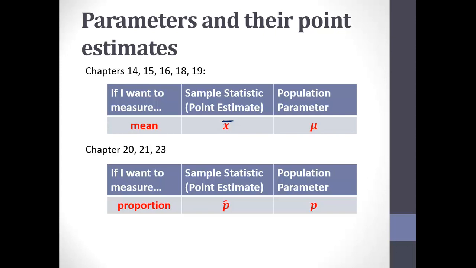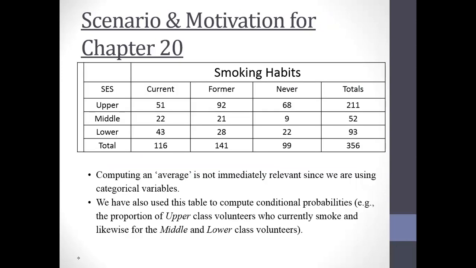As a motivation here, thinking about why this is useful, why we care about doing this, going back to an example that we've seen before in this class, our two-way table, where we're looking at the smoking habits of our sample here, as well as their SES, their socioeconomic status.